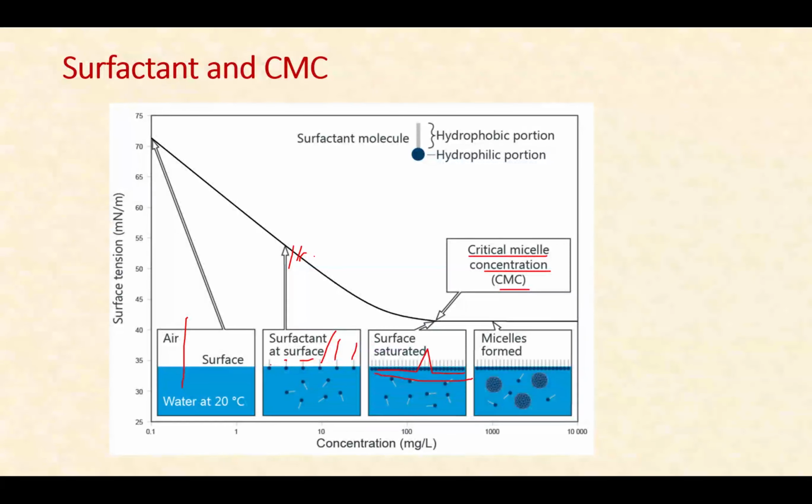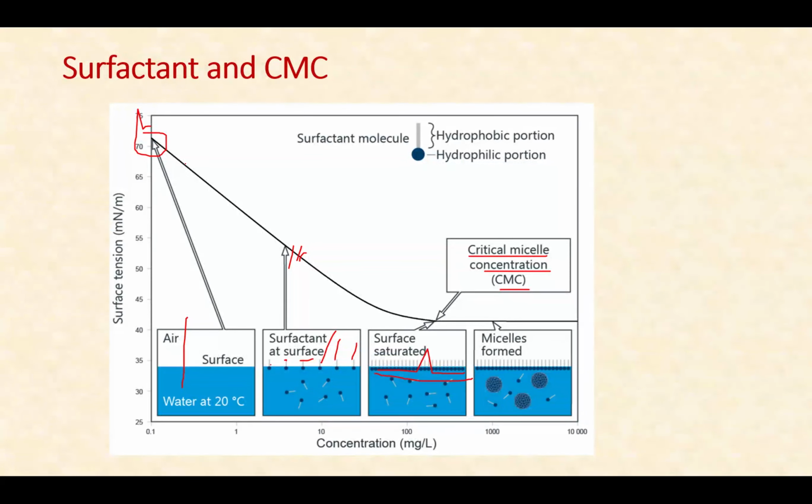For that, you have to know how to measure the critical micelle concentration. For that, a simple study, there is a tensiometer. With the tensiometer, you take the water, and the surface tension value of water is around 72 millinewton per meter, or dynes per centimeter.